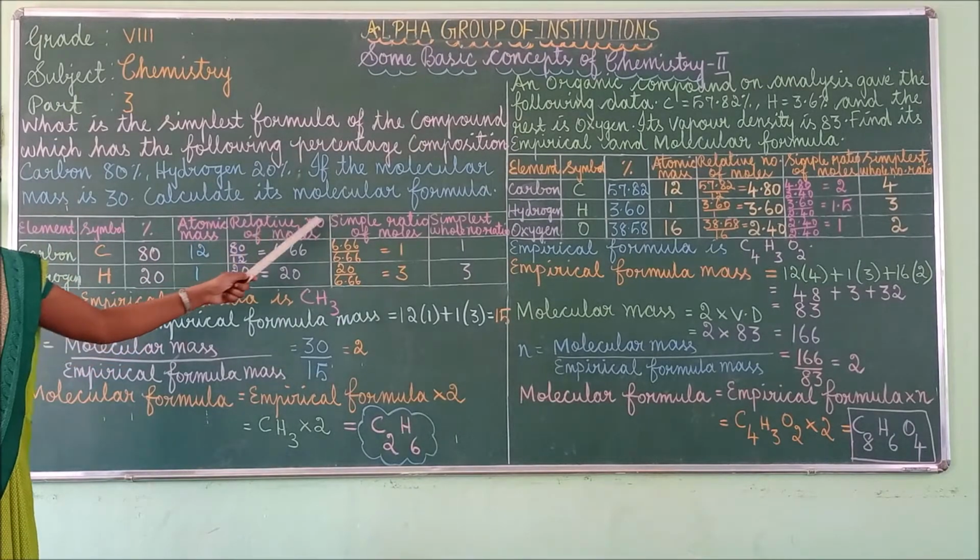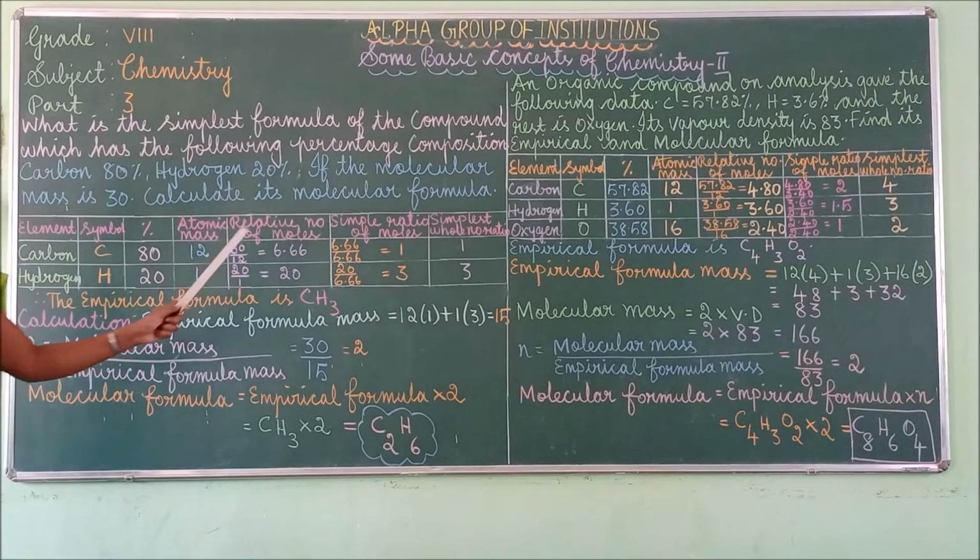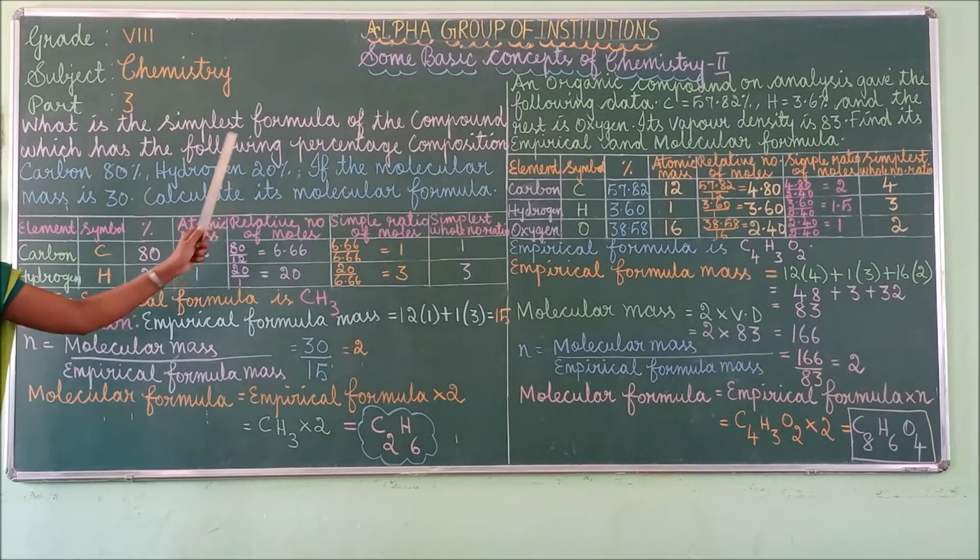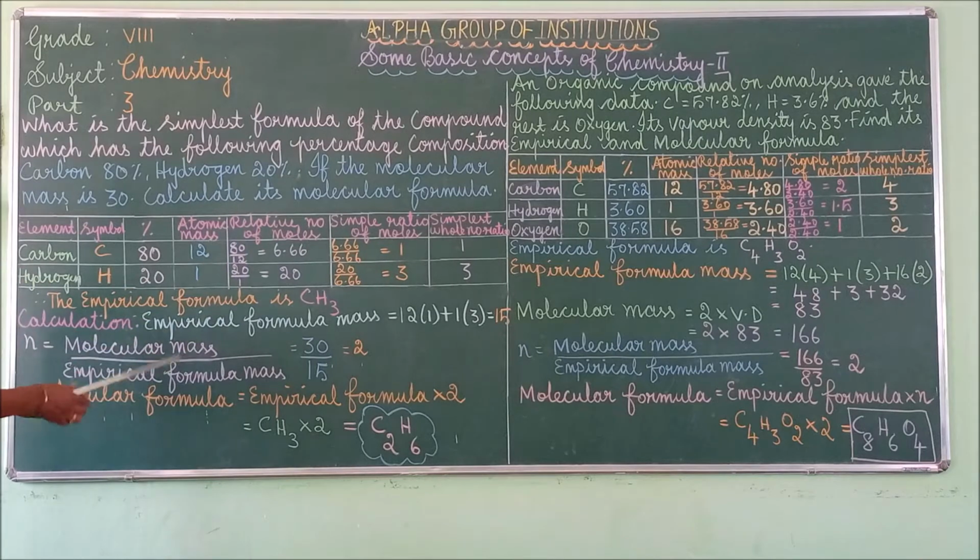Next, come to relative number of moles. What I told you, you have to divide the percentage by its atomic mass. By dividing this, you will be getting the relative number of moles. So, what is the percentage given? It is given 80. What is the atomic mass? Atomic mass is 12.